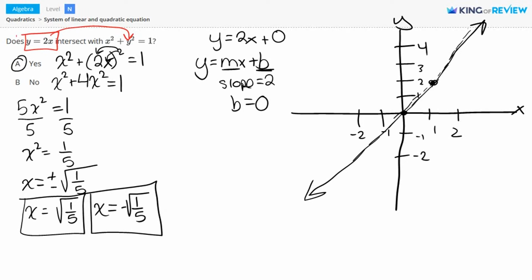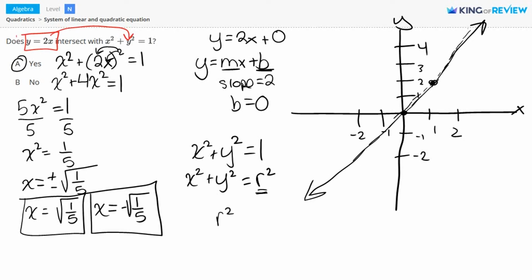Now let's look at the other equation. x squared plus y squared equals 1. This is the equation for a circle. I know this because it's in the form x squared plus y squared equals r squared, where r is the radius.